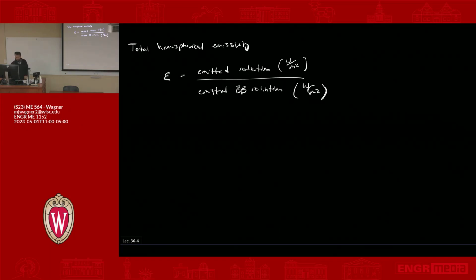Another definition of this, the actual formal definition, is to say epsilon is equal to the integral from 0 to infinity of the emissive power, E sub lambda, d lambda, divided by the black body, which is sigma T to the 4th.